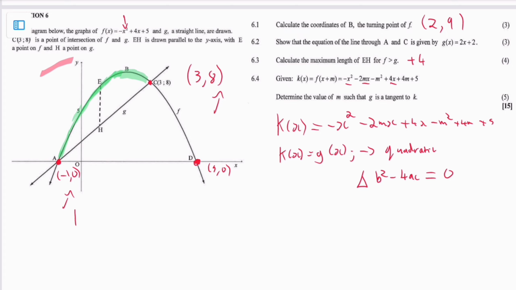So k of x equals g of x. You guys know what all those things are. I'm not going to go through the tedious process of simplifying it, but if you do that, or just trust me, you will simplify it to something that looks like this.